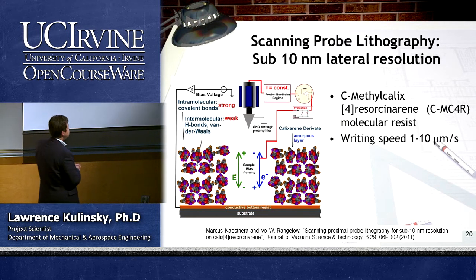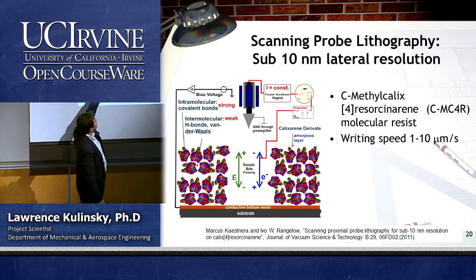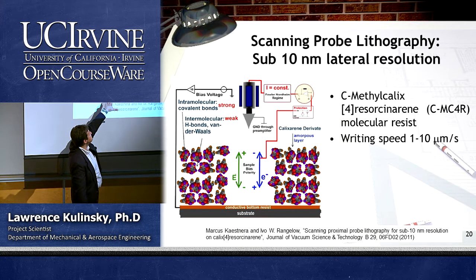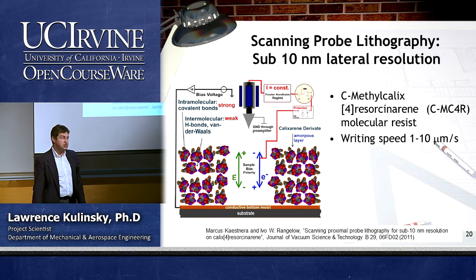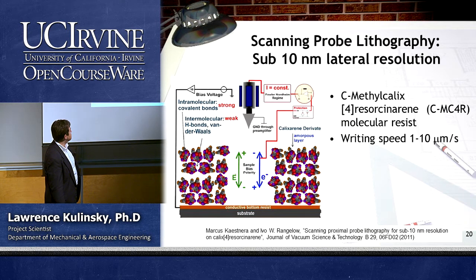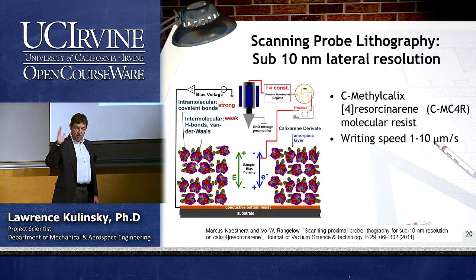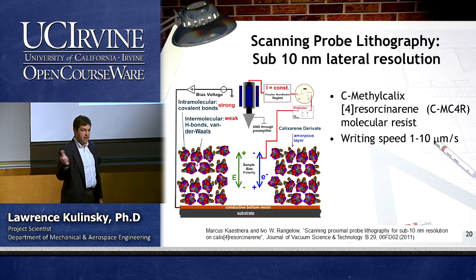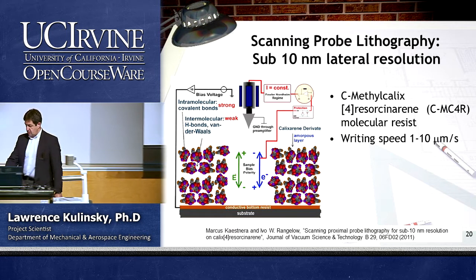This is the CMC4R resist that allows you to have very fine sub 10 nanometers. I think they achieve 7 or 8 nanometers resolution. If you remember from previous slides, I talked about 60 nanometers, and then we went to 50 nanometers, 30 nanometers. Here we have 7, 8.